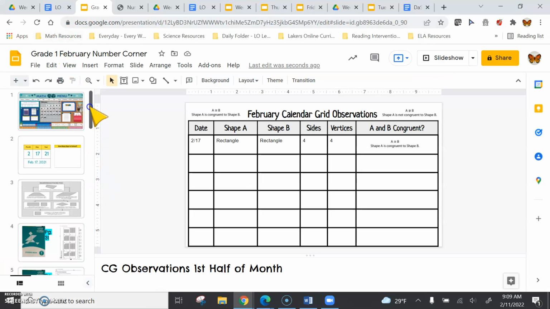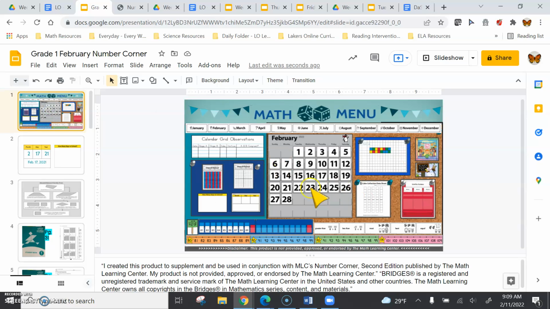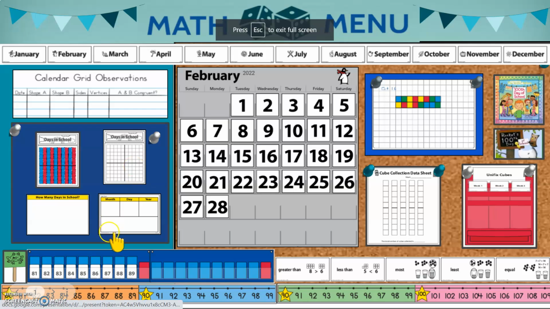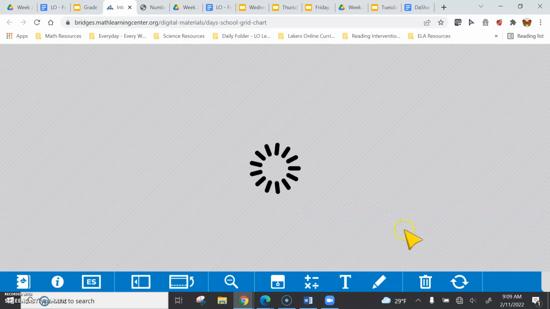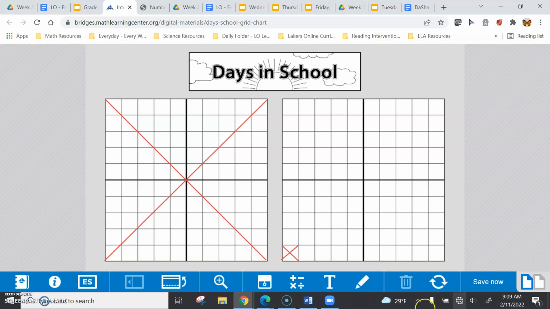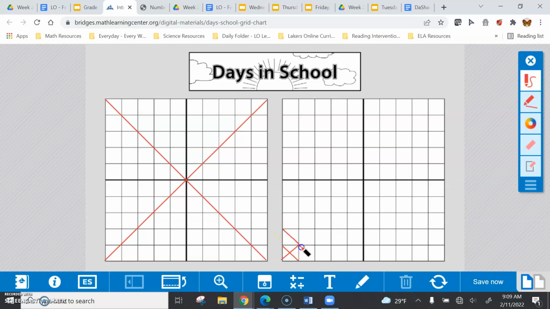As we continue to talk more about our number corner, we are now going to go into our days in school. Remember, we filled up one whole chart like this. We're going to another one where we are going to add on one more day.